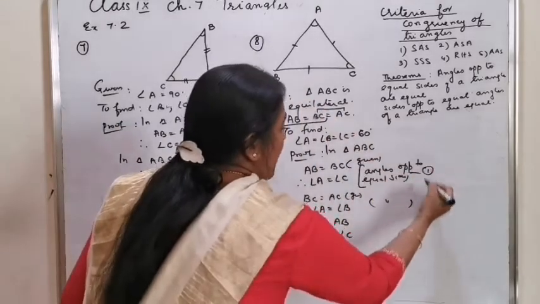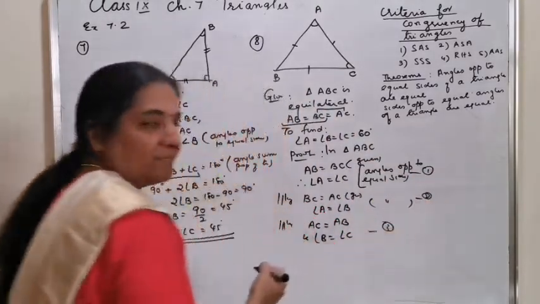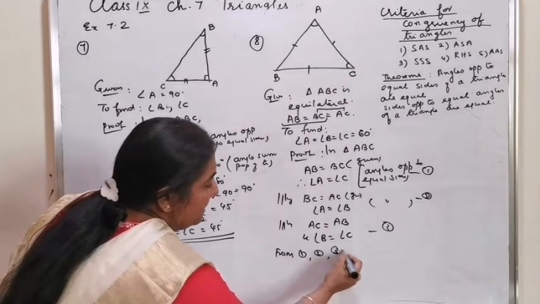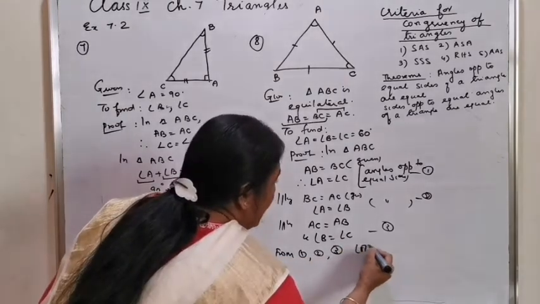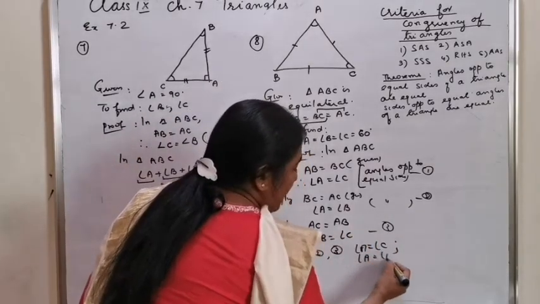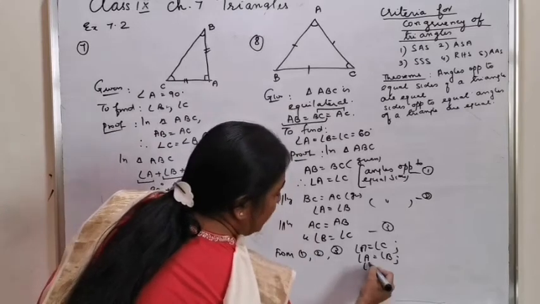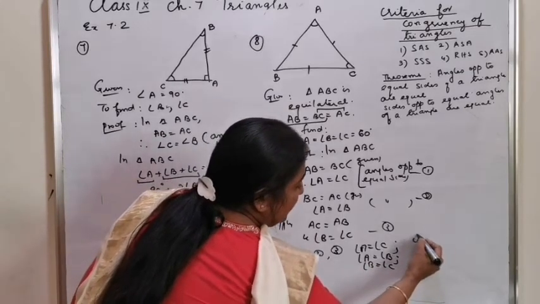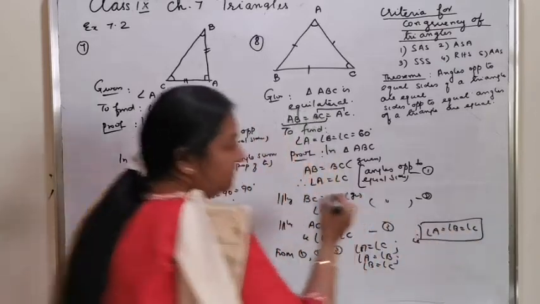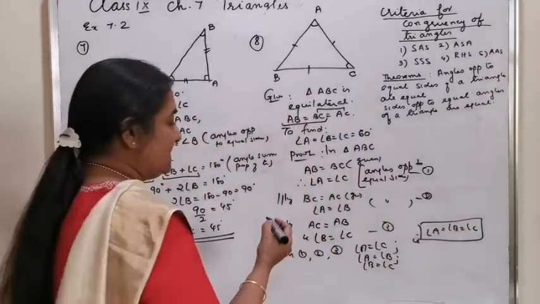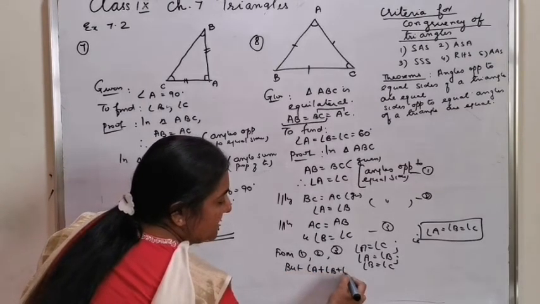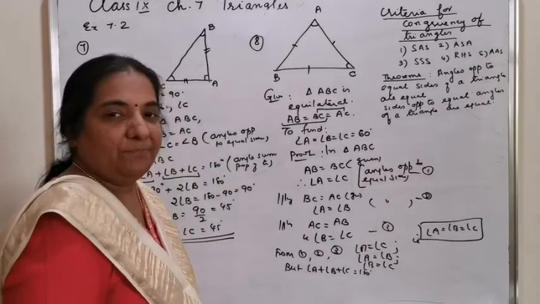Mark it as 1, 2 and 3. From 1, 2 and 3, you got angle A is equal to angle C, angle A is equal to angle B, and angle B is equal to angle C, that is A equal to B equal to C. And now by angle sum property, angle A plus angle B plus angle C is equal to 180.